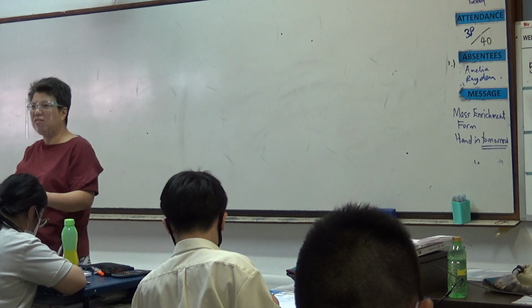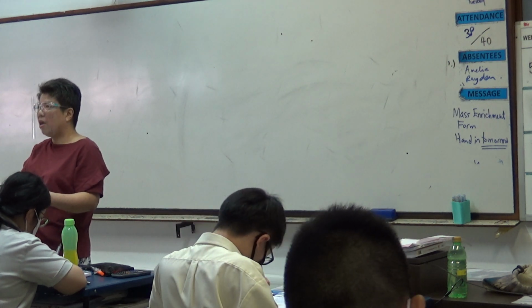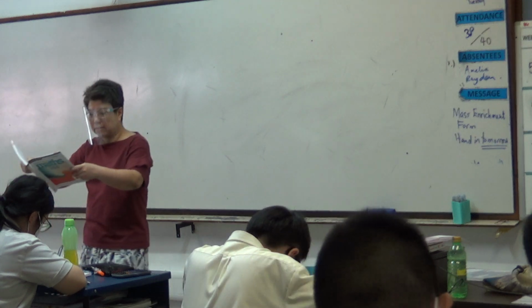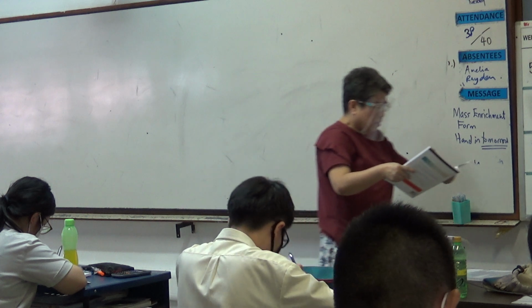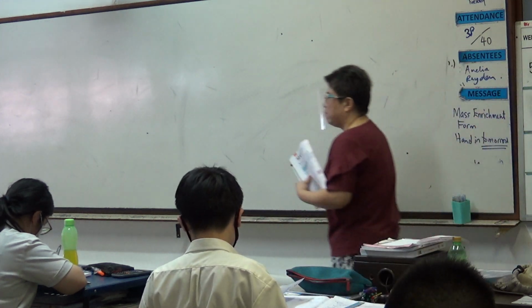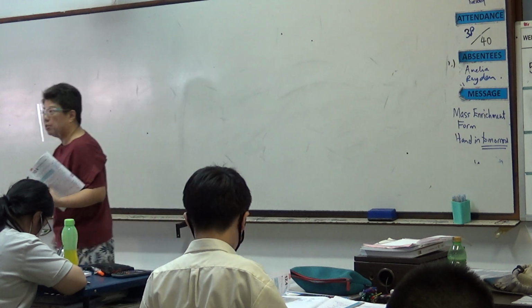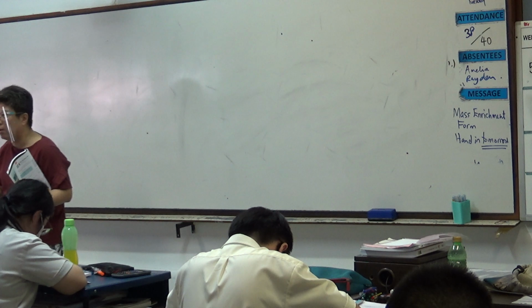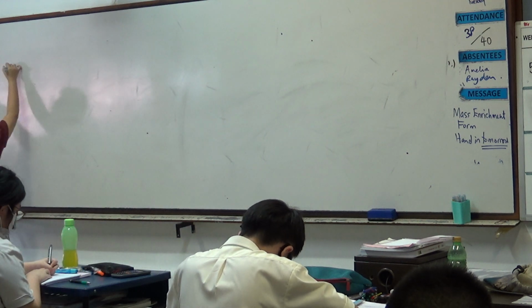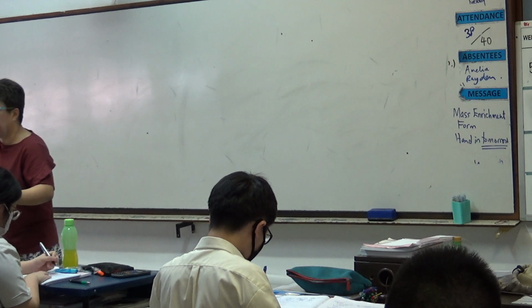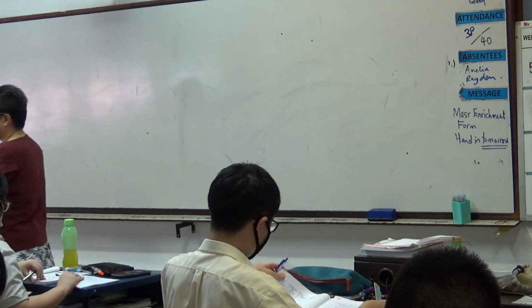Turn to page 18. I've already done example 9 with you yesterday. Now I'm going on to example 10. Differentiate this with respect to x. I'm going to teach you how to do some integrations. This will be the last one, no more.